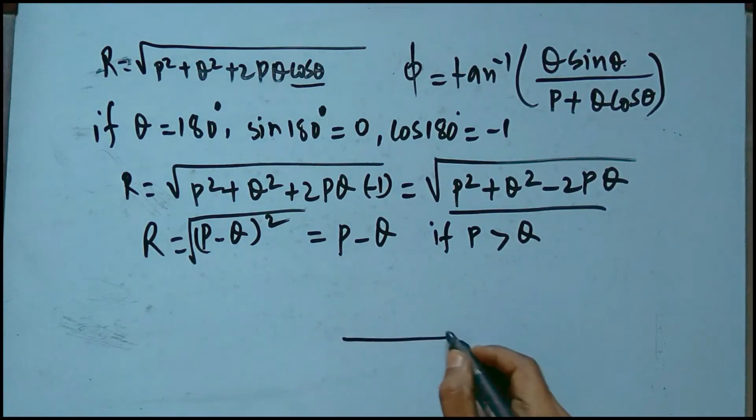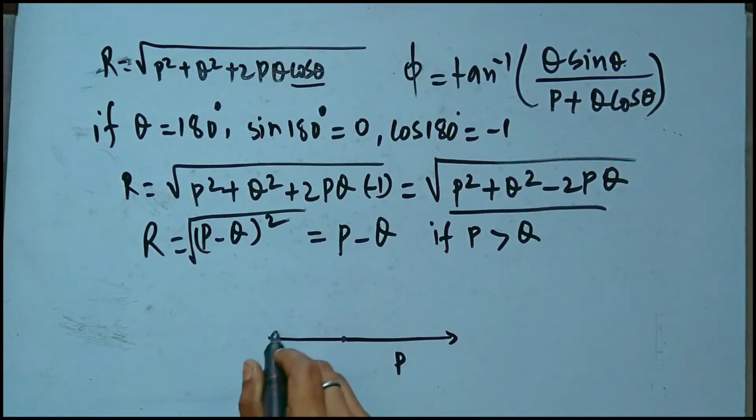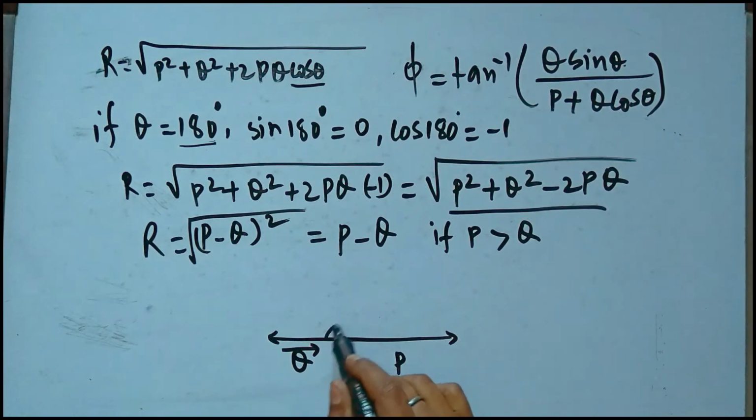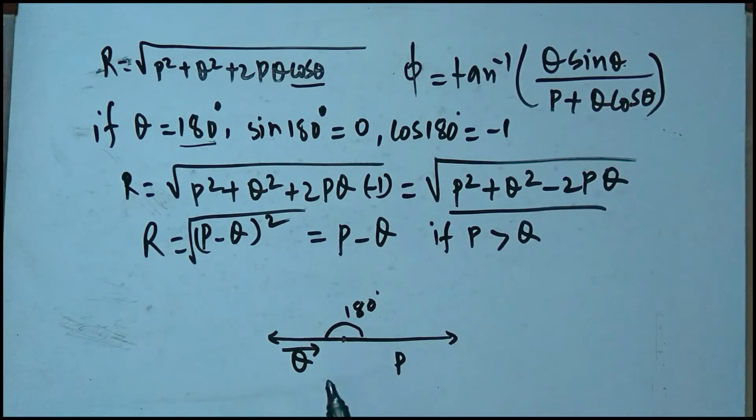This will be positive. If Q is greater than P, then this will be negative. If two vectors, vector P and vector Q, are at 180 degree, means they are in opposite direction. Theta is 180 degree. So the resultant will be in the direction of the vector whose magnitude is greater.